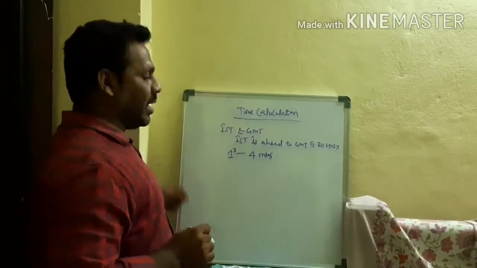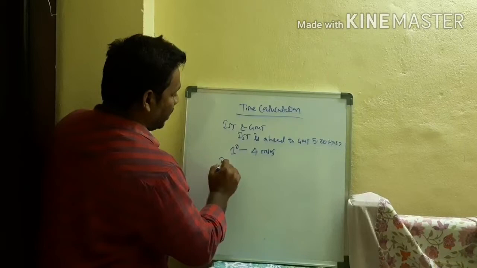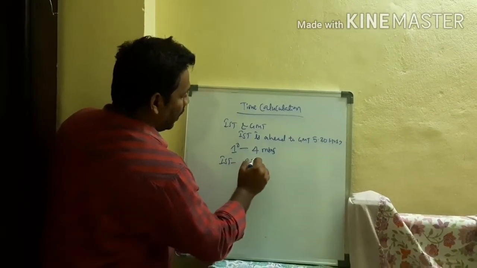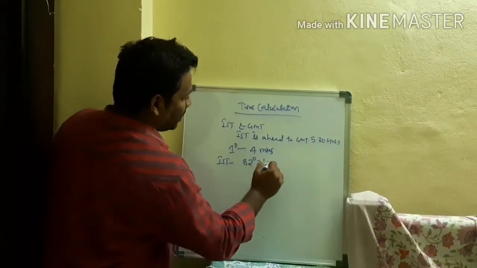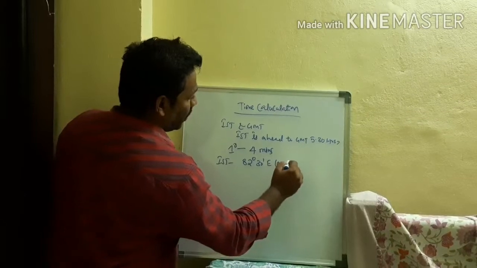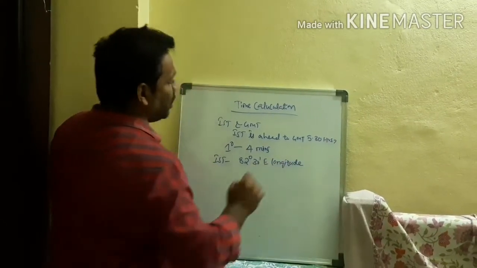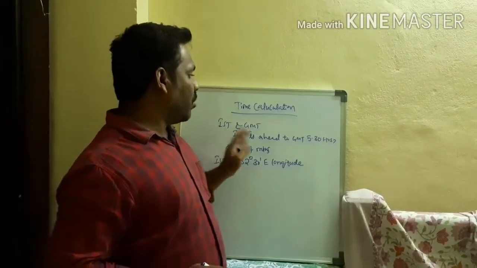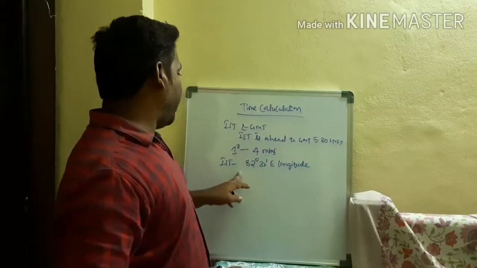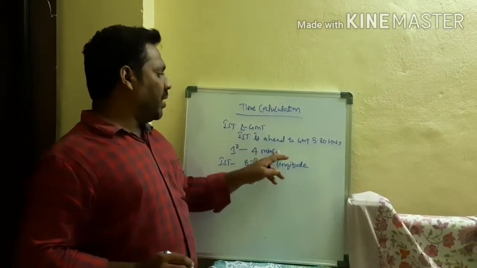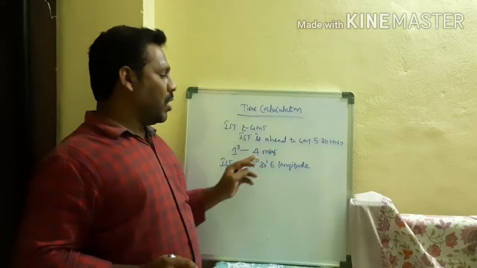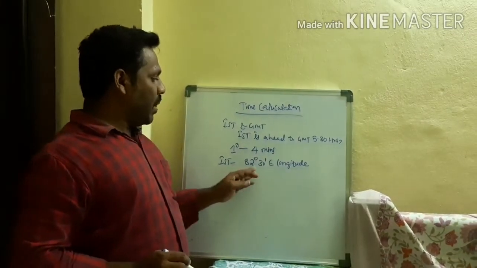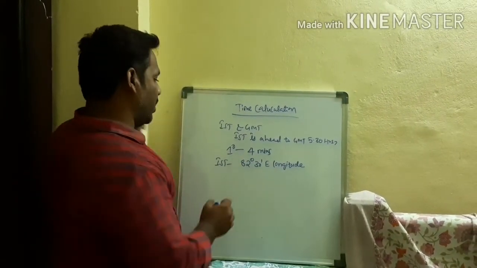What is the IST time? We should discuss the IST time. How much? 82 degrees 30 minutes east longitude. This is the IST. Then how do we have to prove the 5:30? We make 1 degree cross, it will take the earth 4 minutes. What is the time duration for the 82 degrees 30 minutes? Simple.